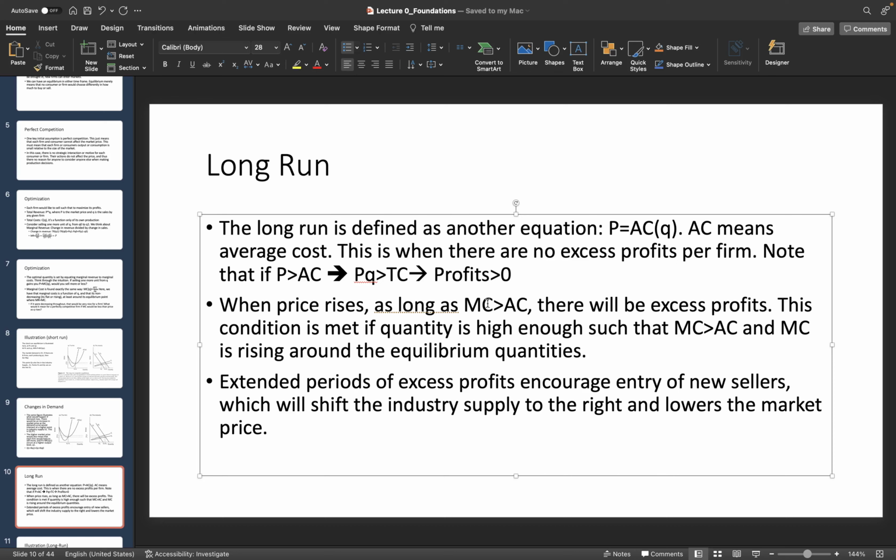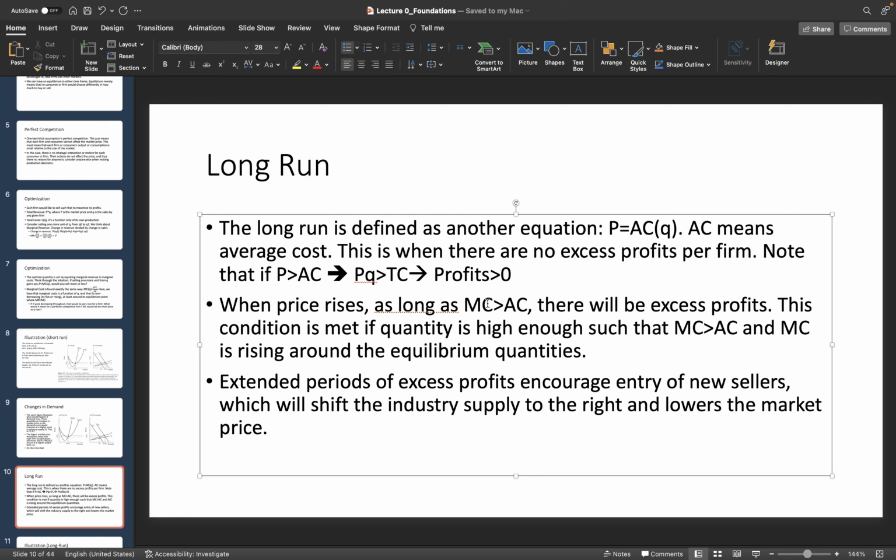And if P is equal to MC, and MC is greater than AC, then that means P has to be greater than AC. Excess profits. Now this condition of MC greater than AC is met if the quantity is high enough such that MC is greater than AC and MC is rising around the equilibrium quantities. Again, that's something we'll talk about later when we talk about technology.